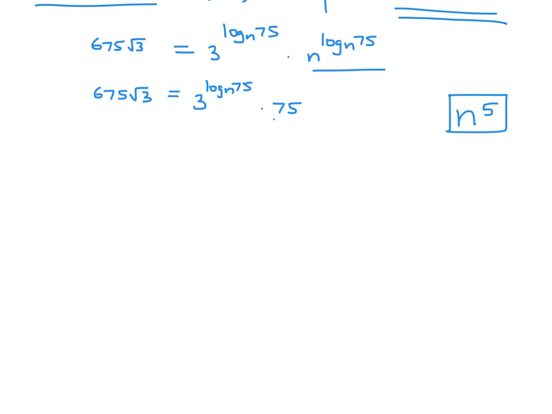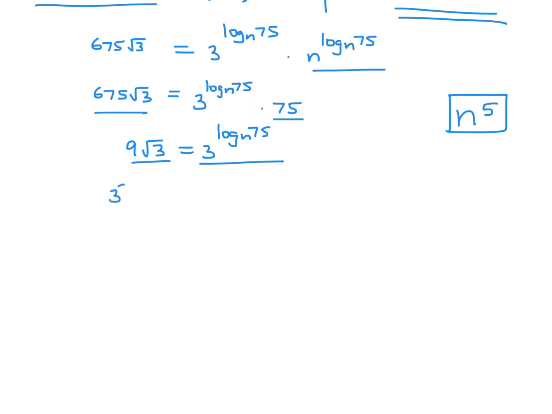Okay, now let's divide through by 75. And when we do, we get 9 root 3 is equal to 3 log of 75 to the base n. Okay, and then since this side is a power of 3, let's convert these to 3's.